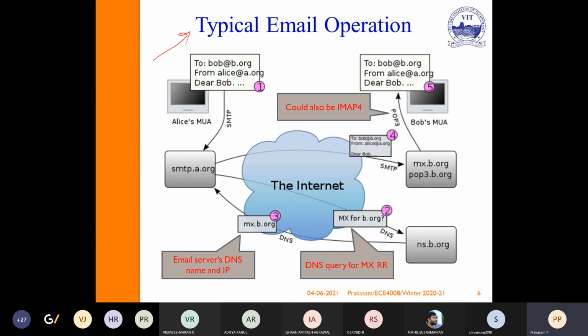Alice is there in a.org. She wants to send a mail to Bob, who is there in b.org. You see here, this is the respective domain a.org, and she wants to send to a person who is in b.org.